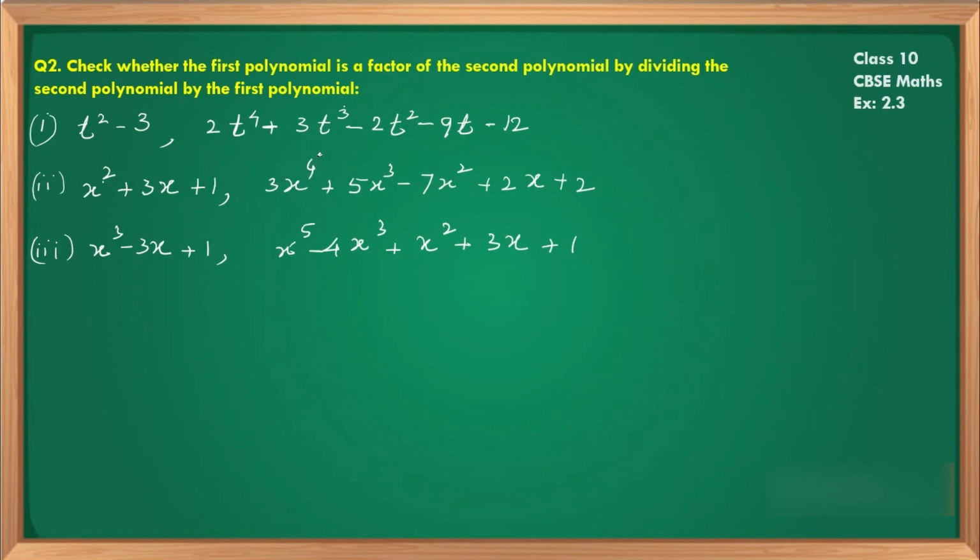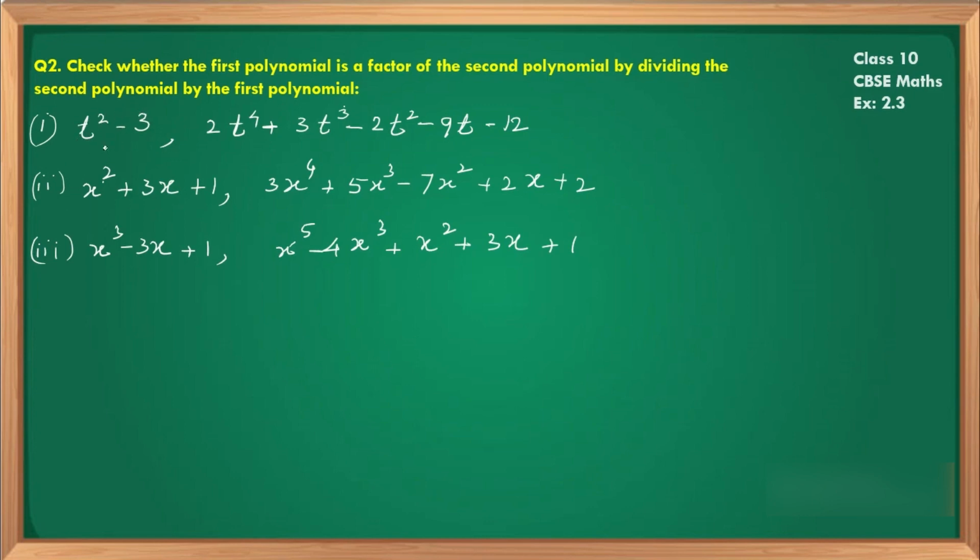Students, we are now going to do question 2 of exercise 2.3. The question says, check whether the first polynomial is a factor of the second polynomial by dividing the second polynomial by the first polynomial. See, there are 3 sub-questions. In each question, they have given 2 polynomials.